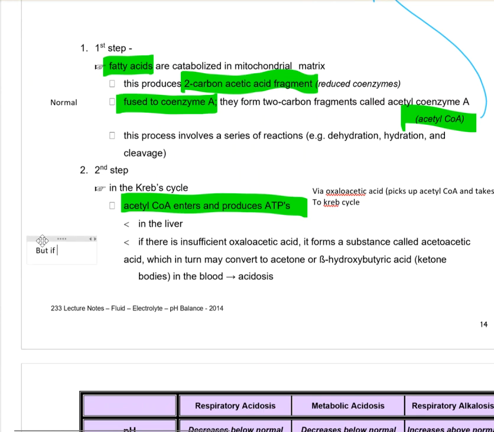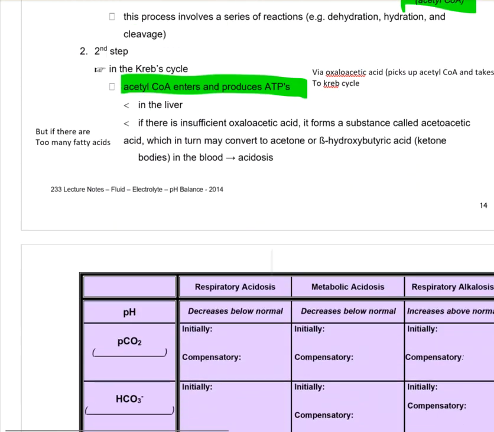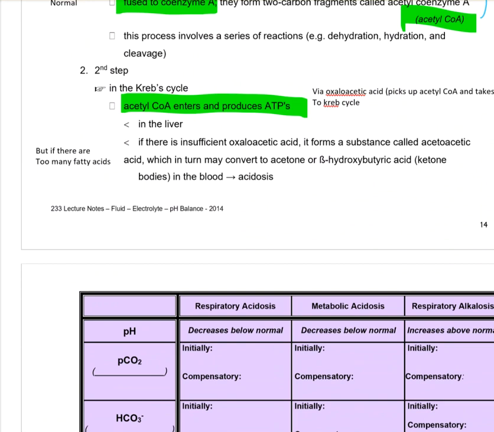But if there are too many fatty acids because of what we said up here, due to maybe increased fat intake or starvation, then there becomes insufficient oxaloacetic acid, right? Because if we have too many fatty acids, we don't have enough of this transport.